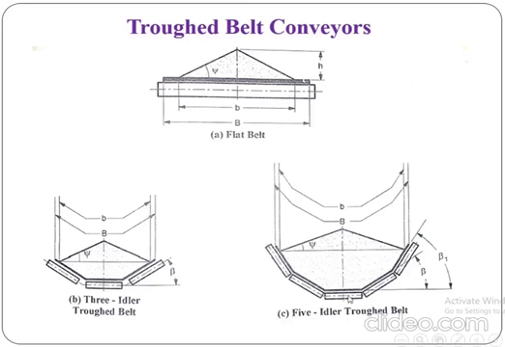And beta, the angle made between the idler and the horizontal, in degrees, is to be increased in case of 5 idler, compared to the 3 idlers. So instead of 1 idler or the flat belt, if I use the 3 idler trough belt or the 5 idler trough belt, we can say that a larger quantity of flow can be transferred from one place to another place by means of the trough belt conveyor.